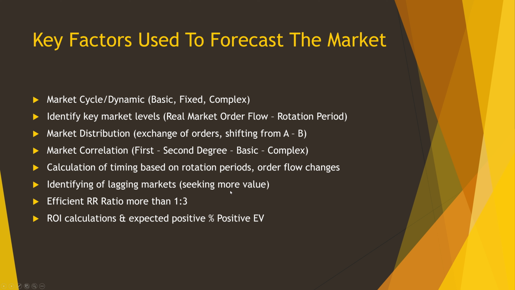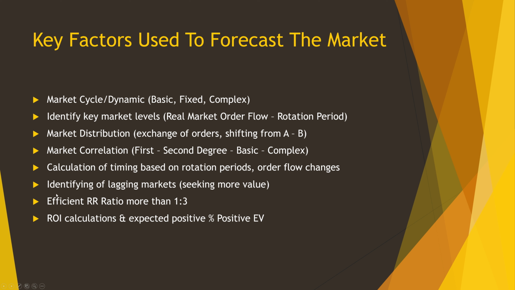We need to be able to identify in certain cases which markets are the leading markets and which are the lagging markets. Usually the lagging markets are the ones that will eventually catch up to the leading ones, and those are in many cases the ones that can provide traders much more value at the end of the day. So it's all about being smart with what you choose to trade, right?